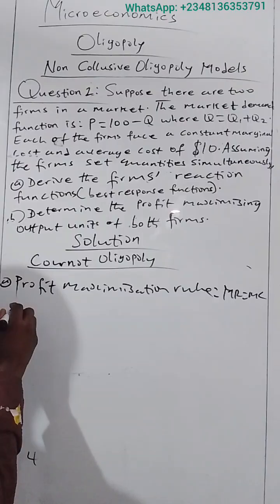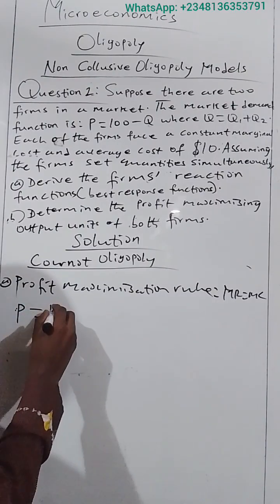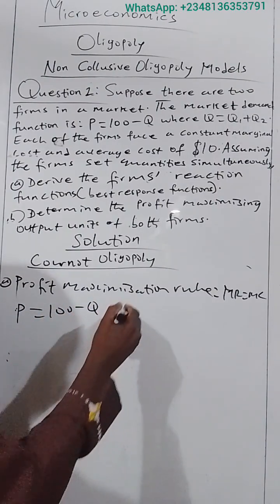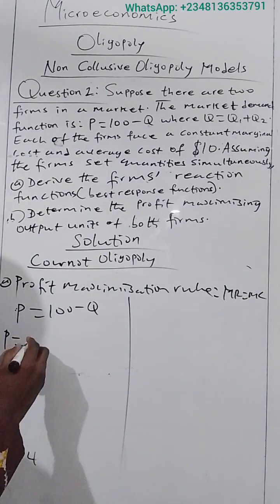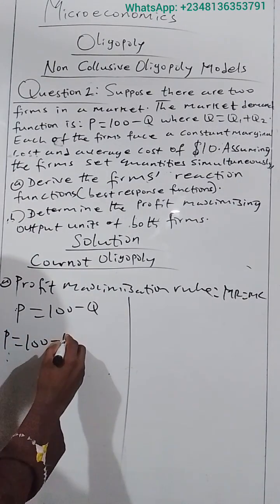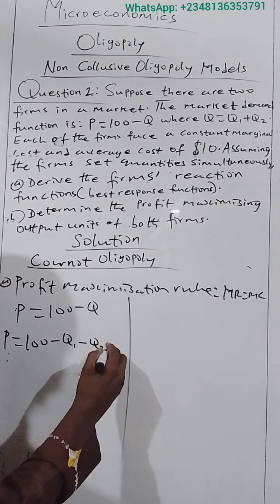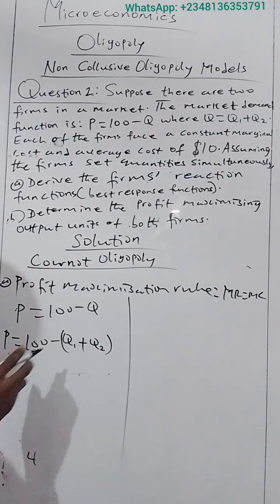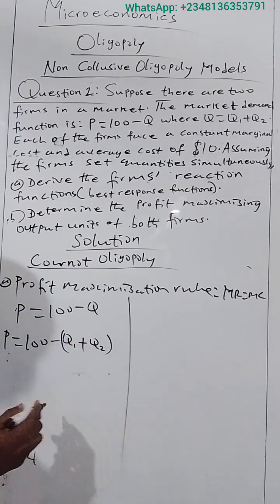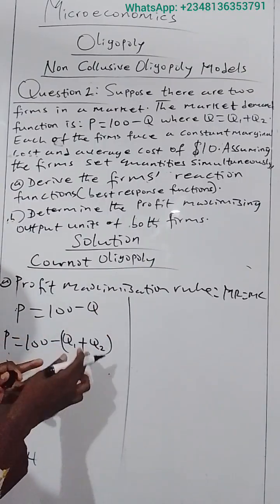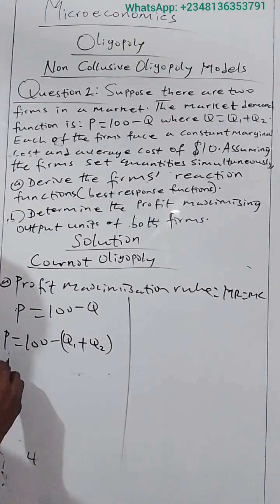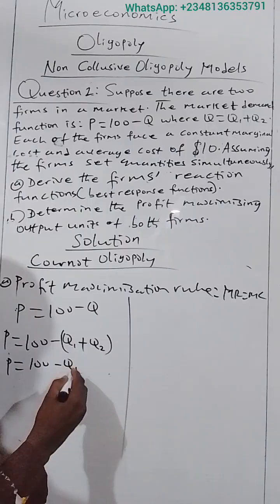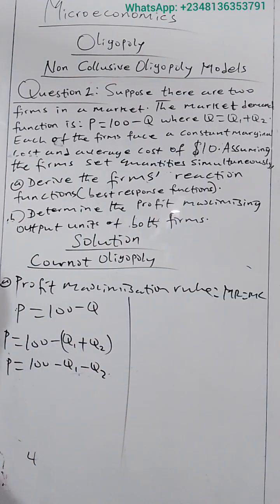We know that the market demand function is equal to 100 minus Q, and this same thing can be written as P equals 100 minus Q1 minus Q2, because Q is equal to Q1 plus Q2. Now I can derive the total revenue of firm 1.